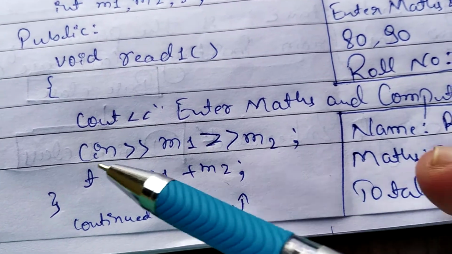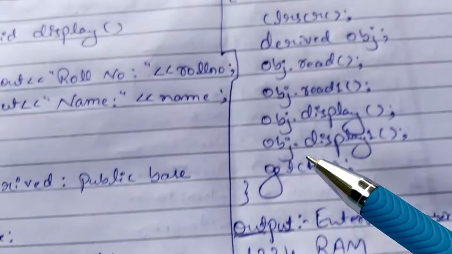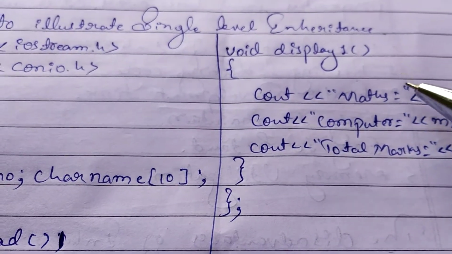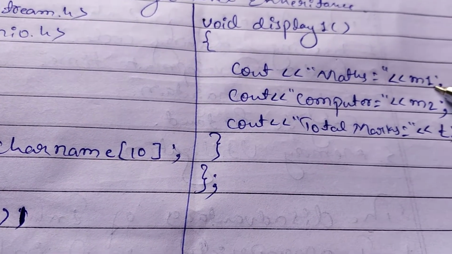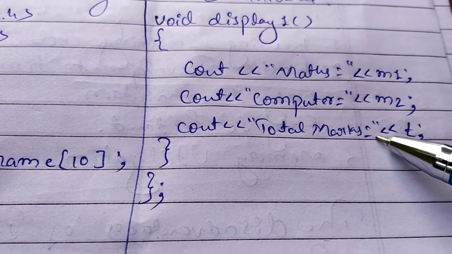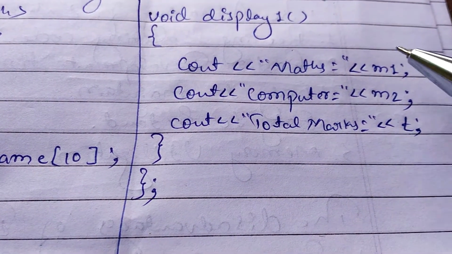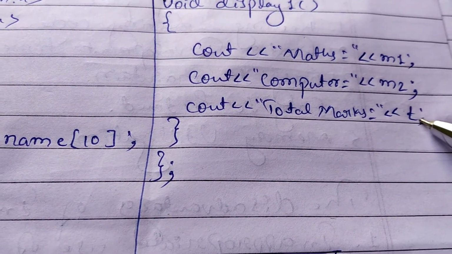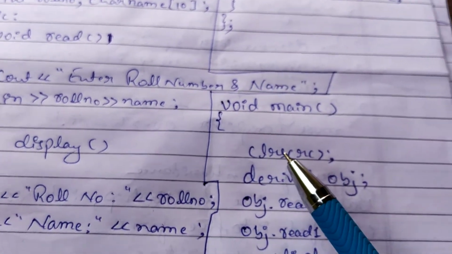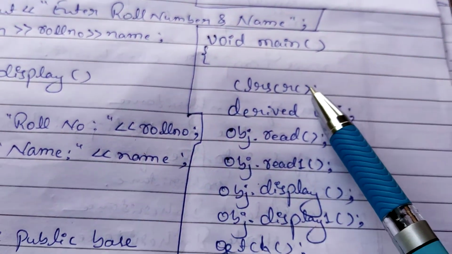Total we have to show here. Here void display, the maths marks it will display here, computer marks it will display here. The total marks, maths plus computer, it will display here. This closes the derived class.